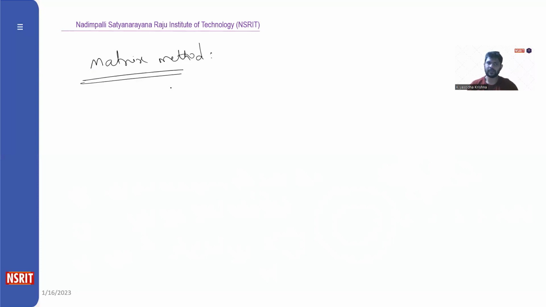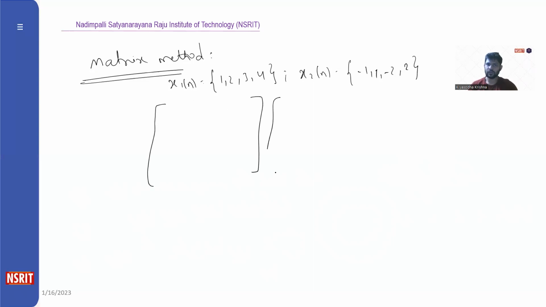The matrix method we can give, for example, x1 of n is equal to maybe 1, 2, 3, 4 they will give. X2 of n is equal to maybe minus 1, 1, 2 and 2 maybe. So for that reason you can calculate for circular method. First arrange the x1 of n. Where x2 of n you can replace as minus 1, 1, minus 2, 2.